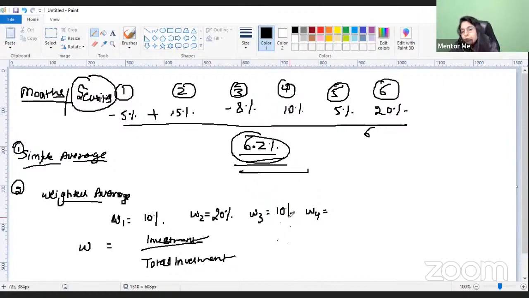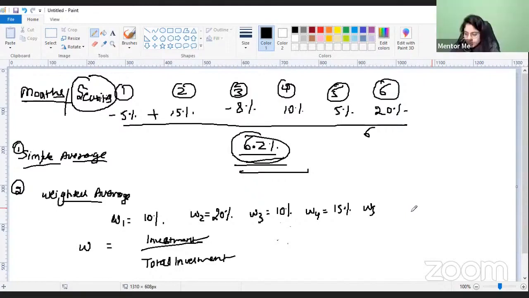20 + 10 + 10, 40 we have exhausted. We are left with something like 60 and 3 stocks remaining. Okay, so weight 4 let's say is again 15%. ठीक है, weight 5 and 6 हमारा equal है, let's say roundabout equal है. तो what are we left with? 100 में से we have exhausted 55.